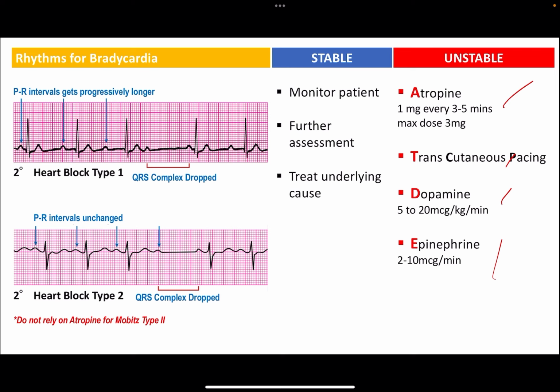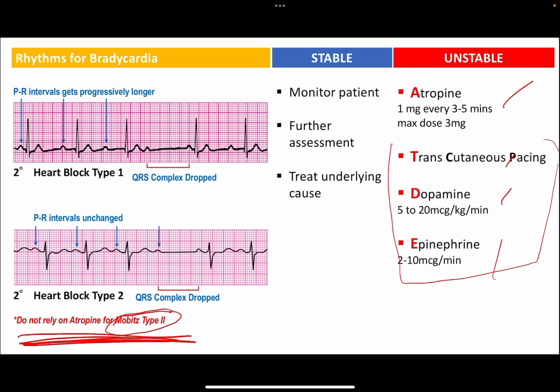Okay, so if the patient is having a Mobitz type 2, you do not rely on atropine. Most likely your atropine would not work. So you can proceed with your transcutaneous pacing, dopamine infusion, or epinephrine infusion.